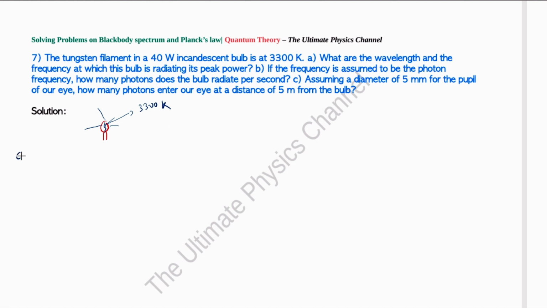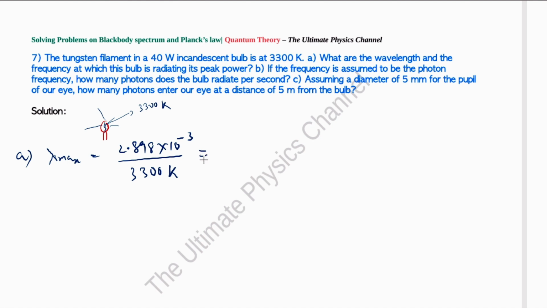The first part is simply a wavelength and frequency problem. So lambda max we have to first calculate using Wien's law. So I'm simply writing 2.898 into 10 power minus 3, which is Wien's constant, over the temperature that is given here, that is 3300 Kelvin.